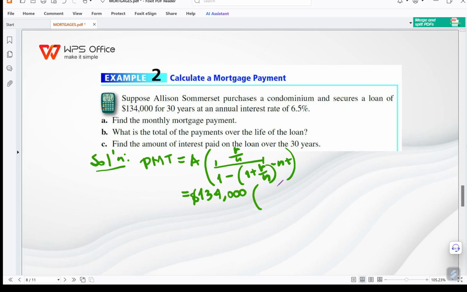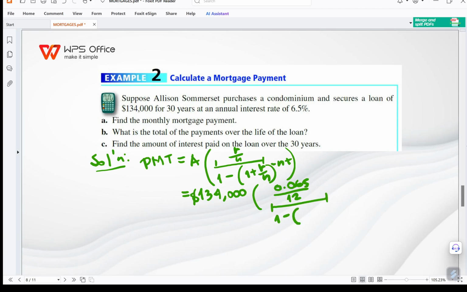And then our R here is 6.5%, that is the same as 0.065, and then we divide it by 12 since Allison will pay monthly for 30 years.